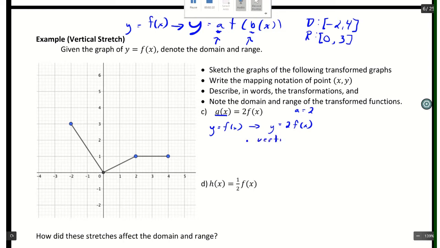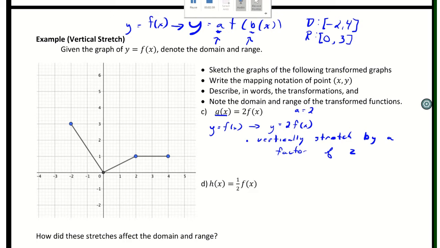Now you can horizontally stretch or vertically, so it's really important to say vertically stretch by a factor of 2. That's the description in words of the transformation. Now let's go on to the mapping notation.